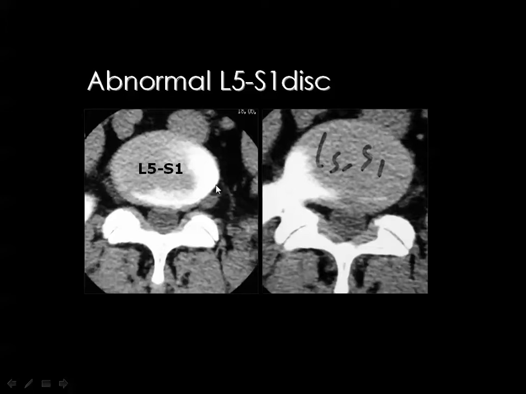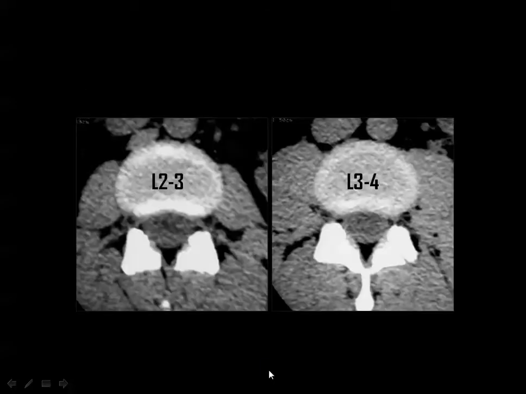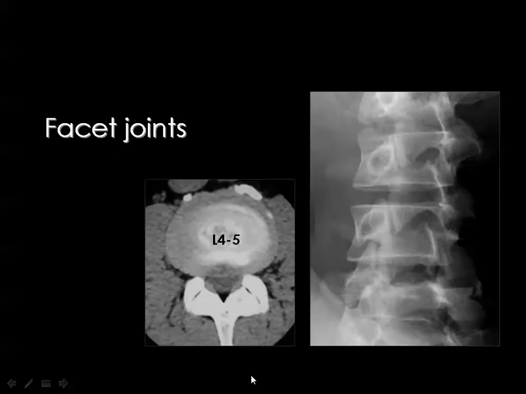At the level of the disc, you see a convex posterior margin, and in the next section you can see disc material inside the spinal canal, and you consider it an abnormal disc. Then anyone can say safely that the L2-3 disc is absolutely normal, and also the L3-4 disc is normal because it has a concave inner posterior border.